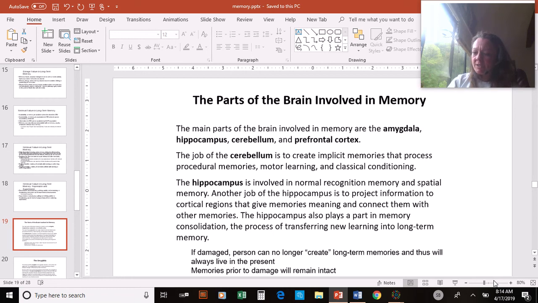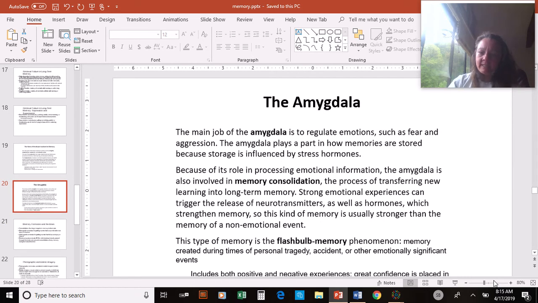So if we have damage to our brain, you can't create those long-term memories. You can't take any more information in, so you're not learning anything. That's a very specific type of amnesia, and kind of the worst. But what's interesting is that the memories that the hippocampus has already formed will stay there. So pretty interesting stuff there.